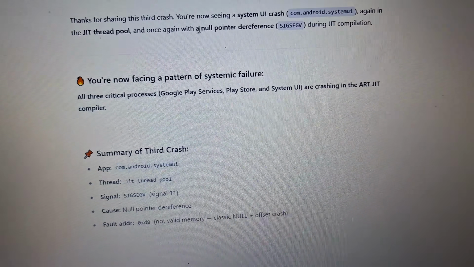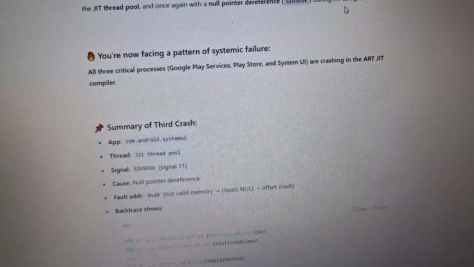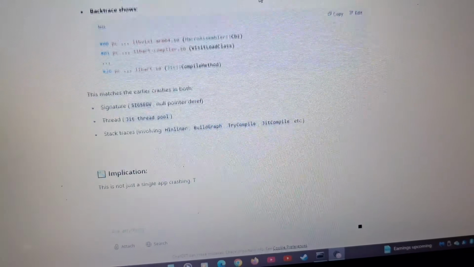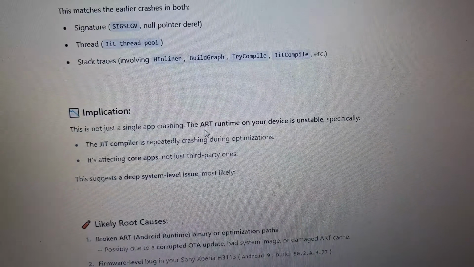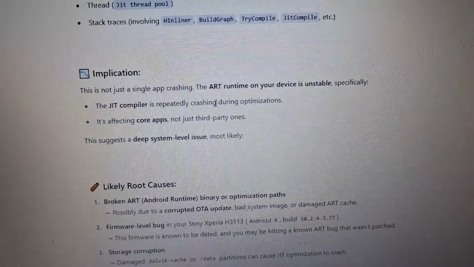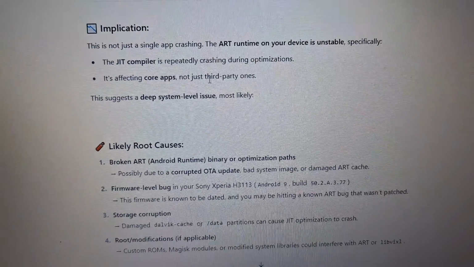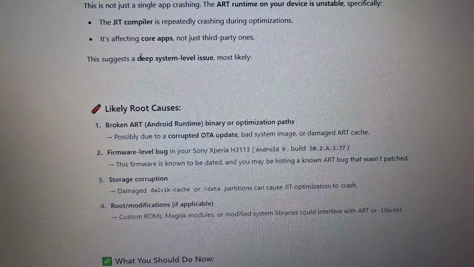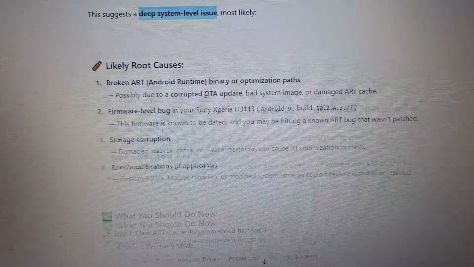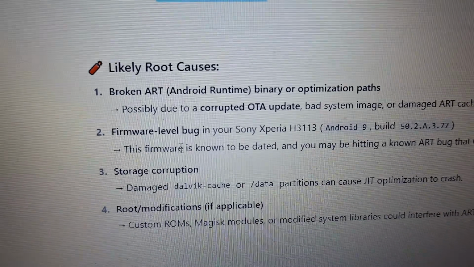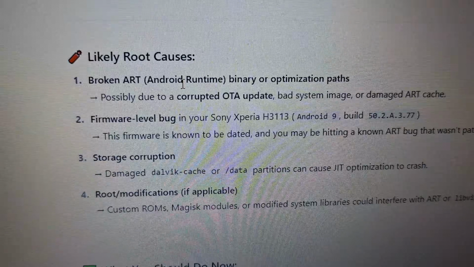So it's pointing to null pointers. The ART runtime on your device is unstable. This suggests a system level issue. Okay, broken ART.